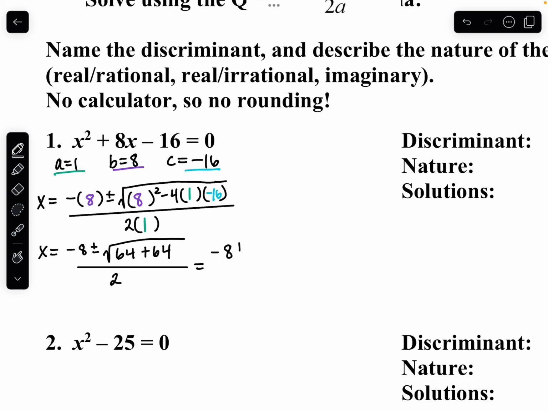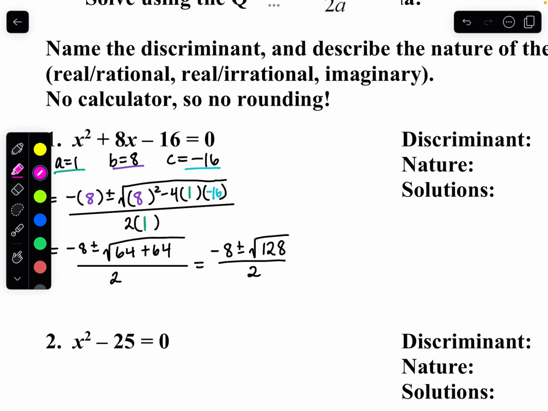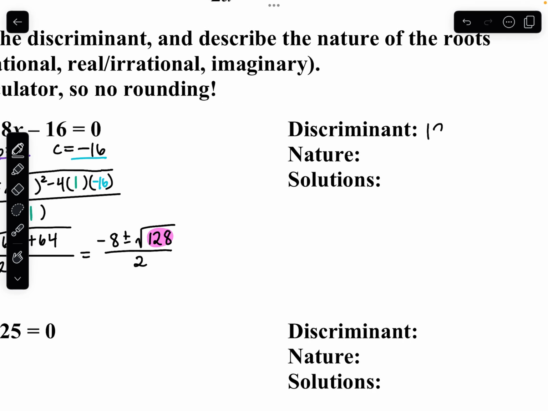And so simplifying further, 64 plus 64 is 128. And so I'm going to stop here and identify the discriminant. Remember, it's the expression under the radical. And so our discriminant is 128. That is not a perfect square. So we know we're going to have real solutions. We're going to have 2 real solutions. They're just going to be irrational.